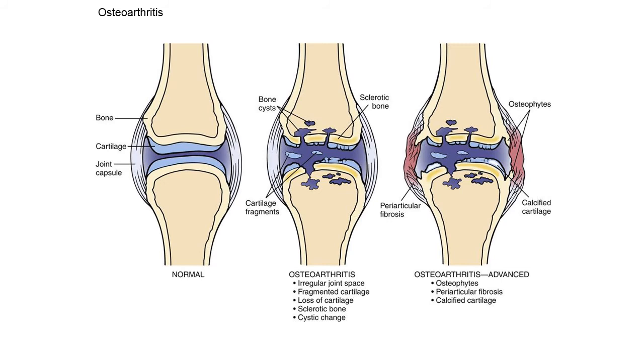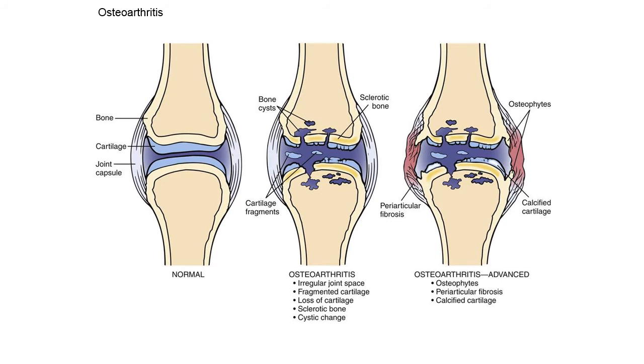Here's a view of osteoarthritis, which is different from rheumatoid arthritis. What you get in osteoarthritis is degradation of the bone and cartilage, and so you start getting cartilage fragments as well as bone fragments. And then when it's advanced, you get what are called osteophytes. You start seeing those, and this is an osteophyte, that little guy there. And here's some more up here.